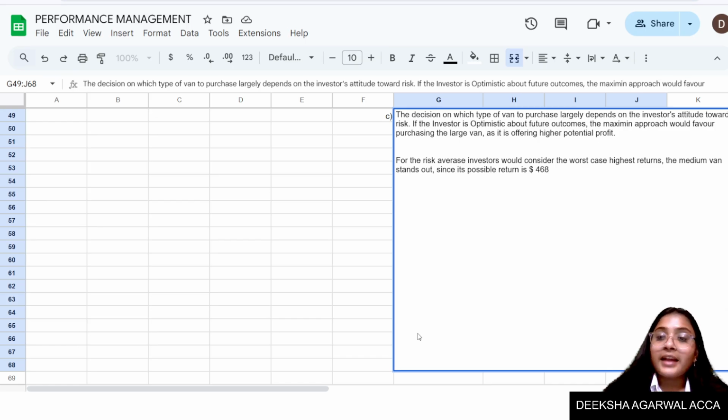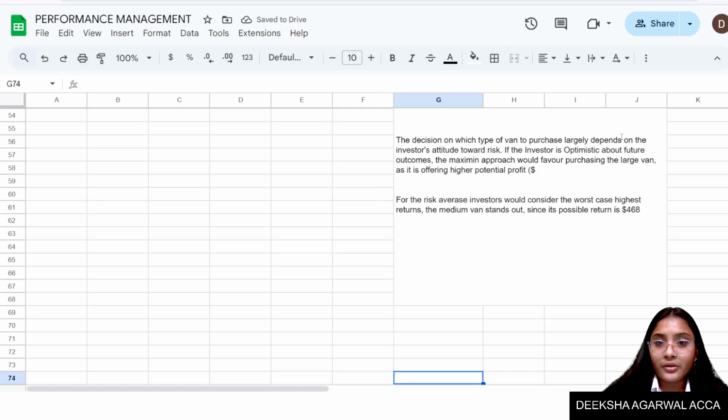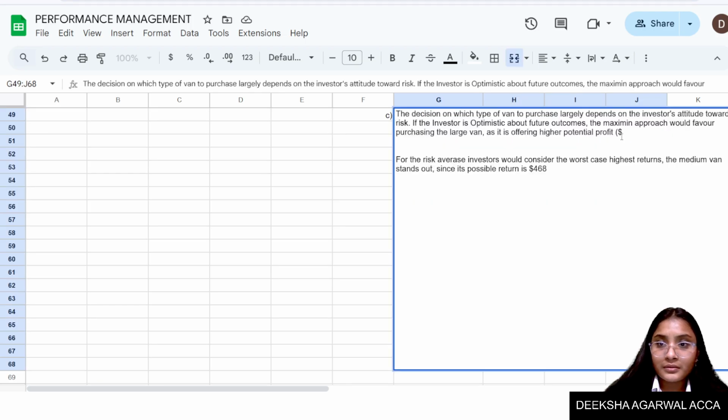Here, right above, also you can write: what is the profit in the large quantity? $816. Correct. Now, here I need to put the full stop as well. No, that will be 468.